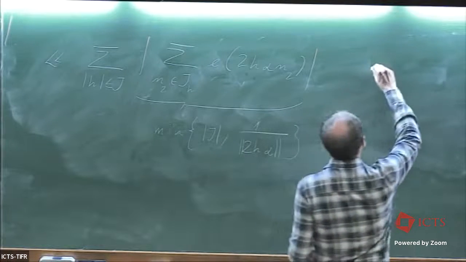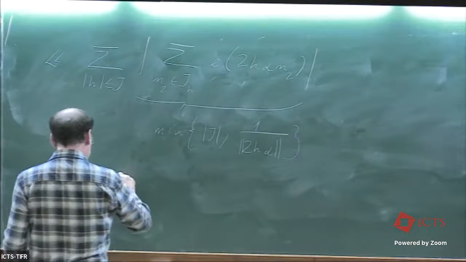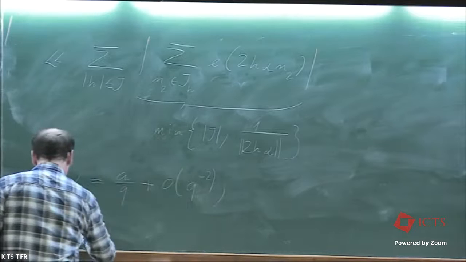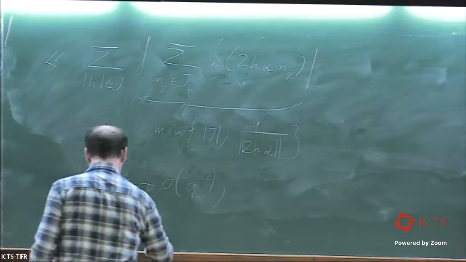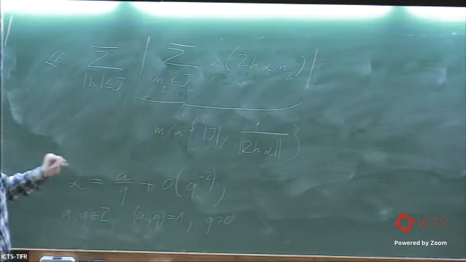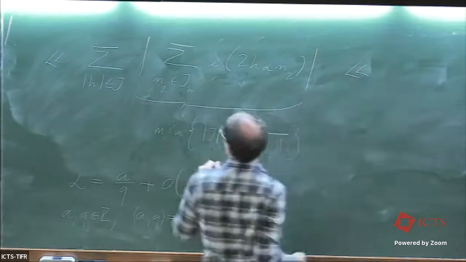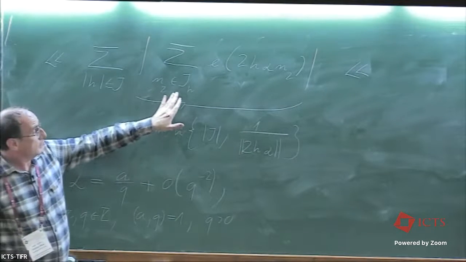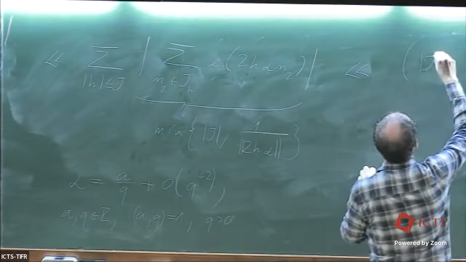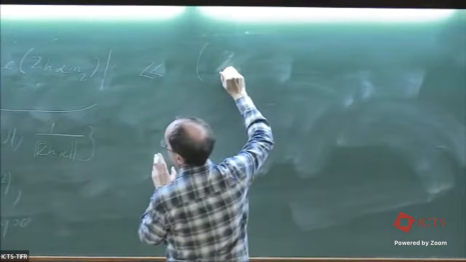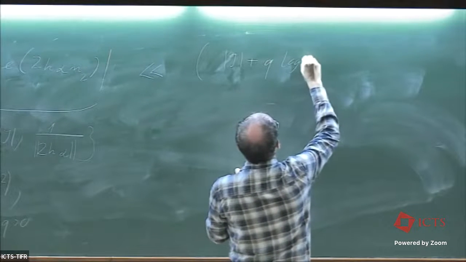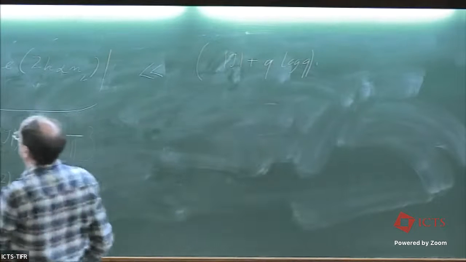So what we get is, if alpha is a divided by q plus O of q to the minus 2, with a and q integers, a and q coprime, q greater than 0, then this is bounded by, when you have an interval of length q, you get the bound q log q.